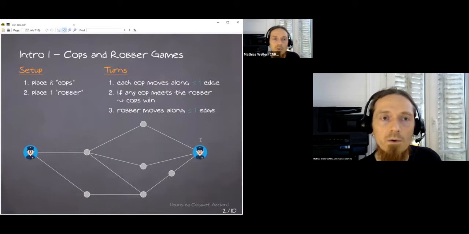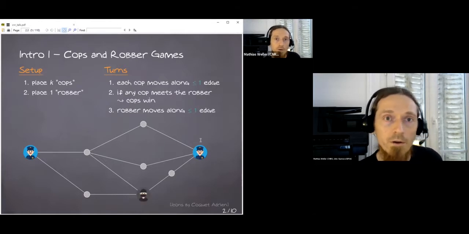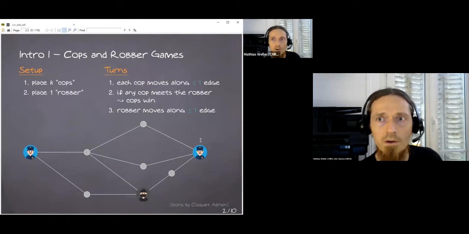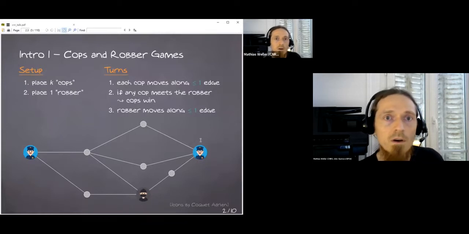And then the robber player might place his token also on a node of the graph, but he only has one, so there's one robber. He might place him there. And after the setup phase, each player plays in turns, starting with the cop player, and each player may move their tokens by at most one edge. So they may also stay in place.